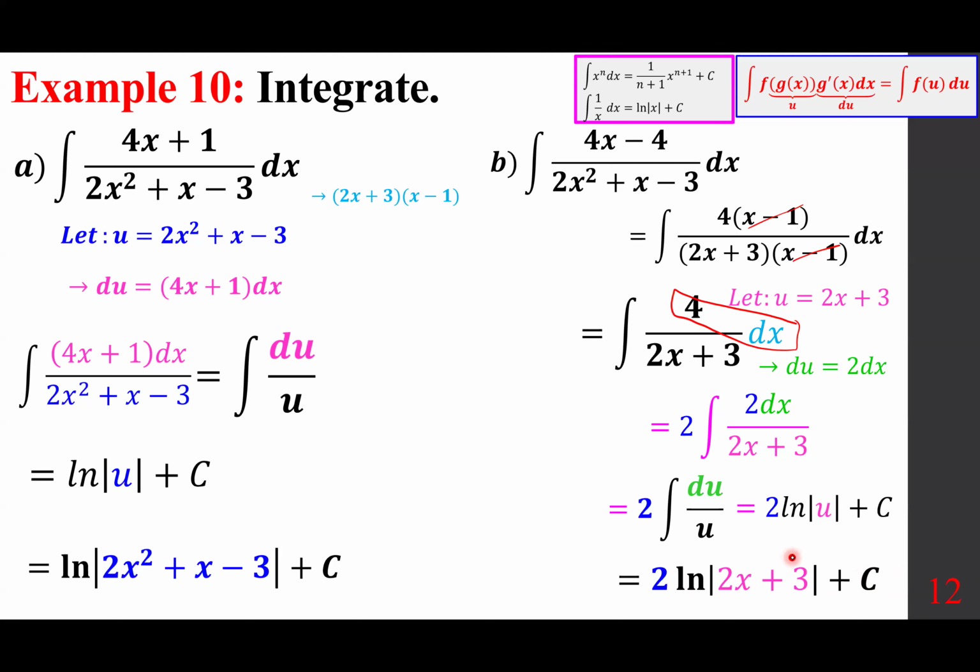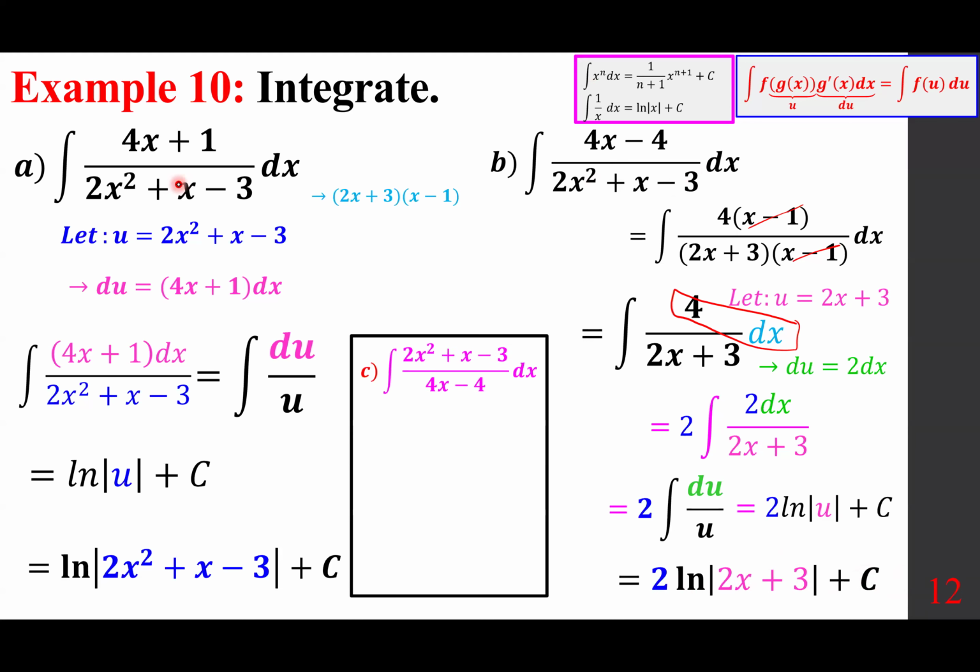So what's the difference between these two? This can be simplified, this cannot. Let me look at the reciprocal of part B, and that is 2x squared plus x minus 3 over 4x minus 4, which means this is the reciprocal of that. So the answer is the reciprocal of this, right?